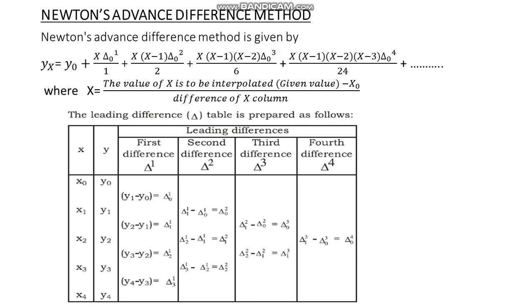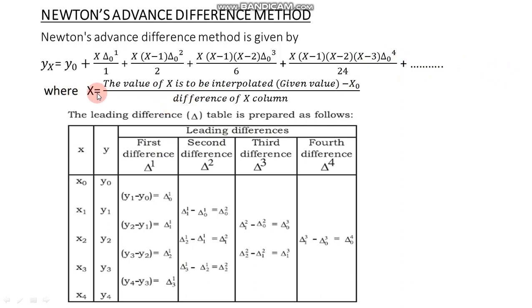The formula is given by yx is equal to y naught plus x delta naught divided by 1 factorial, that is 1 only, plus x into x minus 1 delta naught power 2 divided by 2 factorial, 2 into 1 is 2, plus x into x minus 1 x minus 2 delta naught power 3 divided by 3 factorial, that is 6, plus x into x minus 1 x minus 2 x minus 3 delta naught power 4 divided by 24, that is 4 factorial, plus etc.